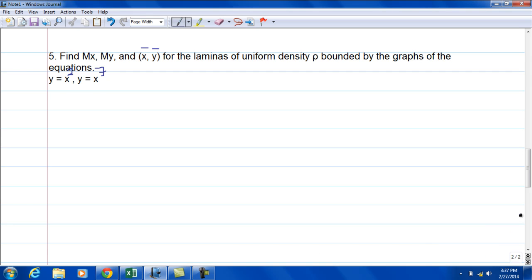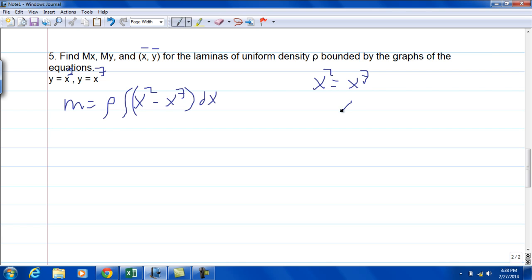Okay, so again we have m equals rho integral of x squared minus x to the 7th dx, because the x squared is going to be the upper curve for the first part. We're going from, I guess we could look at this as x squared equals x to the 7th. When is that the case?